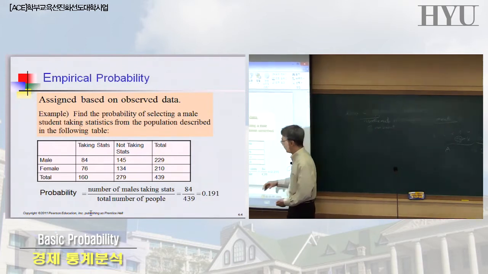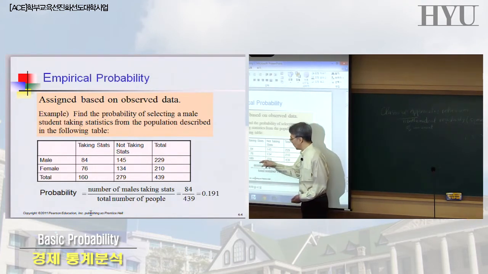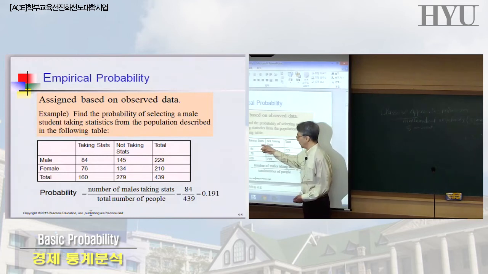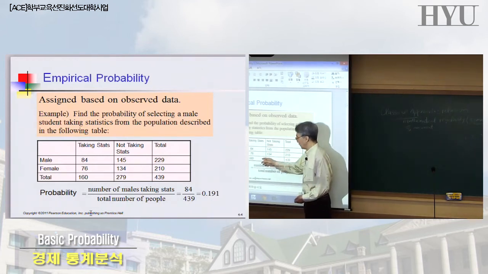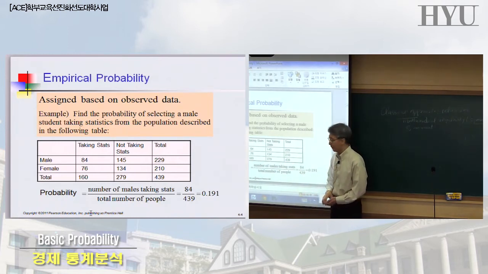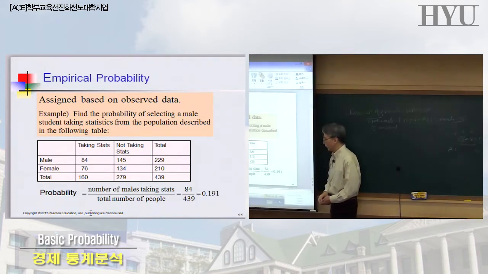We have classified 439 students by 2 different categories, 2 different criteria. Male, female, so a total of 229 male students and 210 female students. And also by whether they're taking stats or not. So apparently 160 students out of 439 are taking stats, and the rest, 279, are not taking stats.